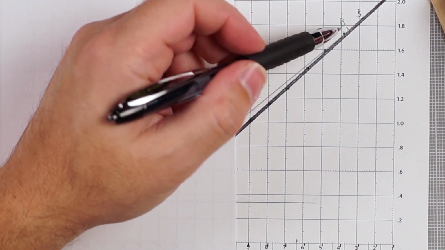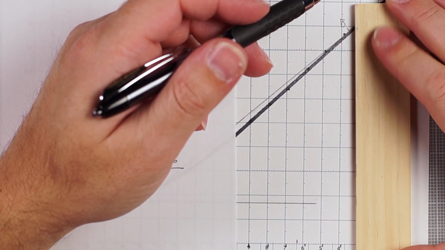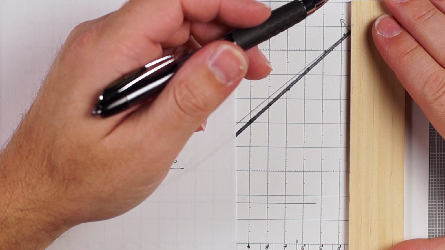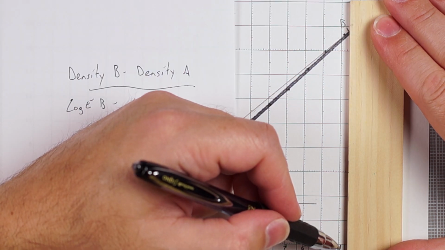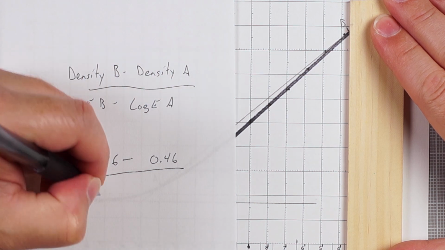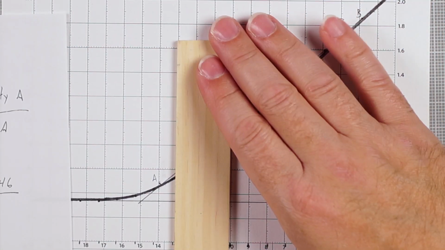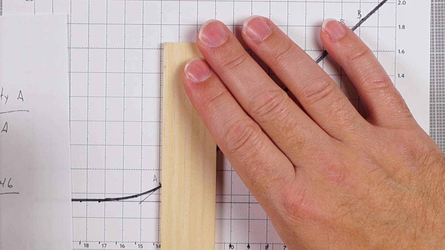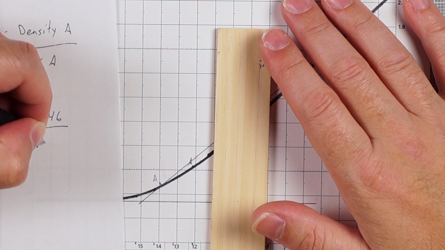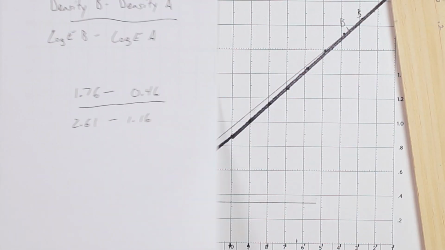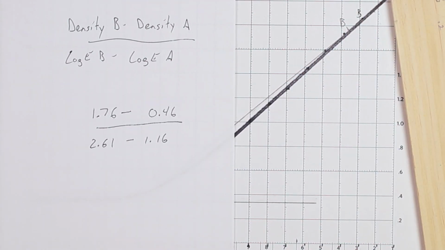Log exposure of B looks to be 2.61, subtracted by 1.16. All right, so those are our points, and now we're going to do the math.